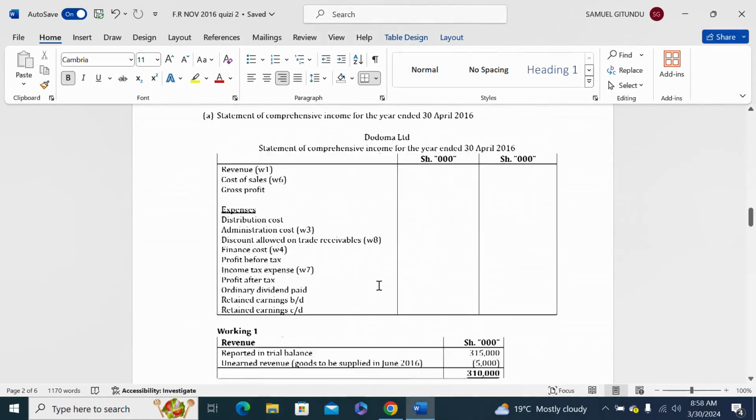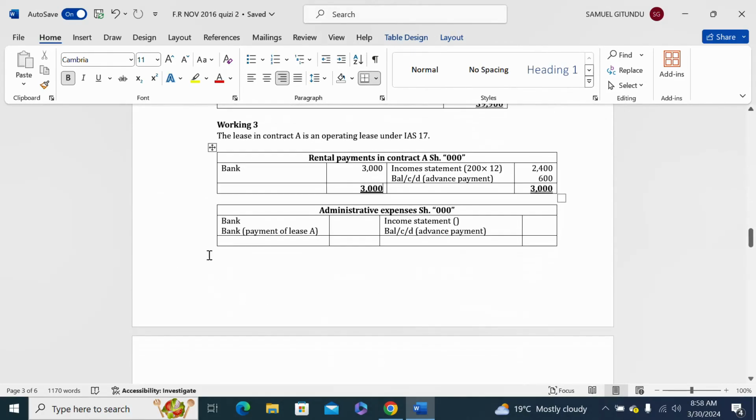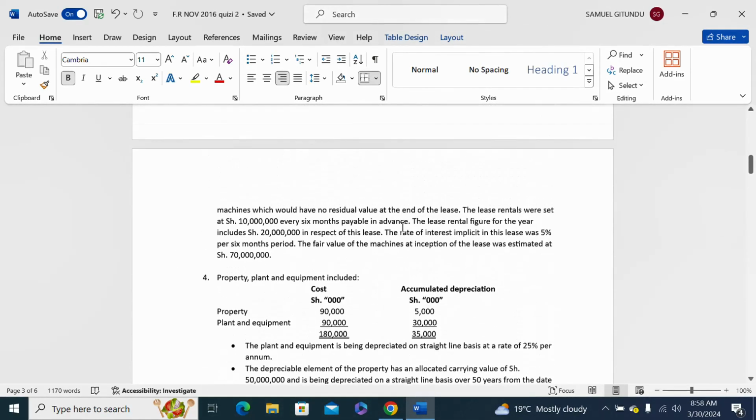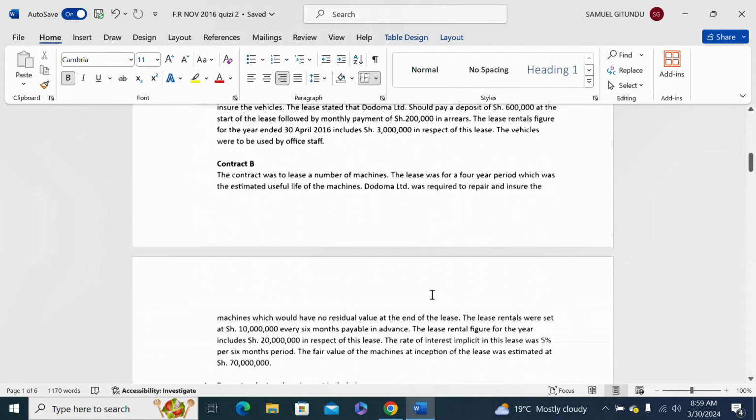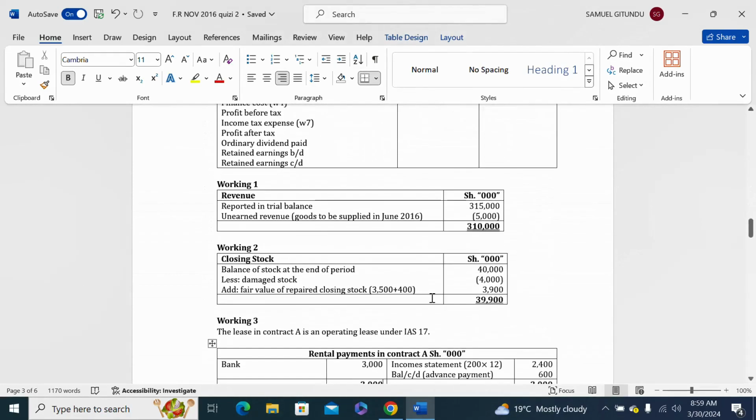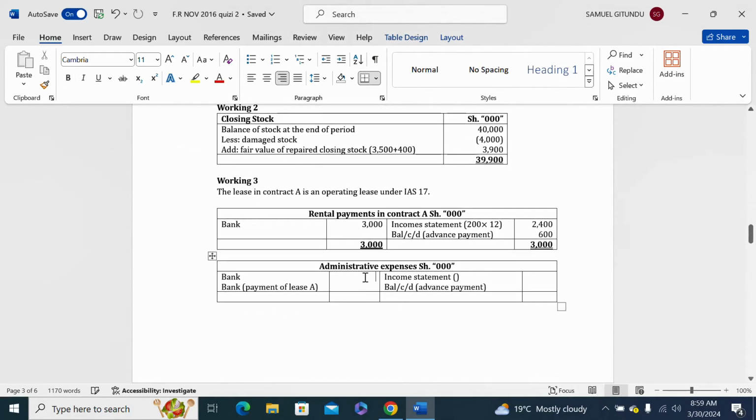Therefore, we go to the administrative expense here. Administrative expense as per the trial balance is 22 million. That's the administrative expense which was paid. Then the administrative expense that we are going to take to the income statement is 22 million.